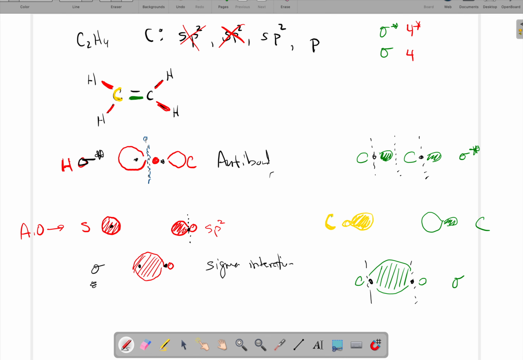For the carbon to carbon sigma bond, what do I get? I get 1 sigma and 1 sigma antibond. So that's starting to describe my overall molecular orbital diagram.